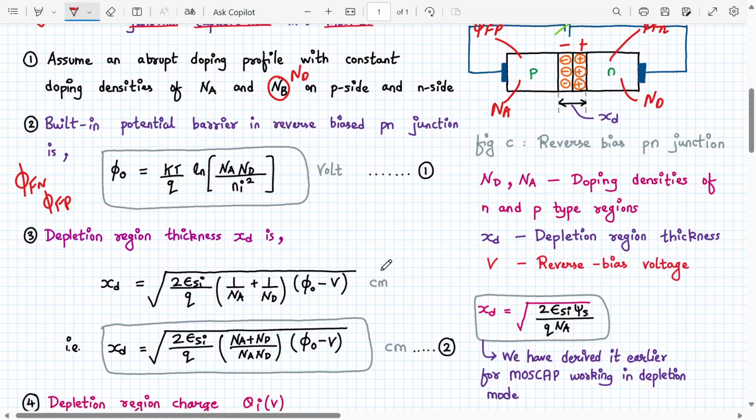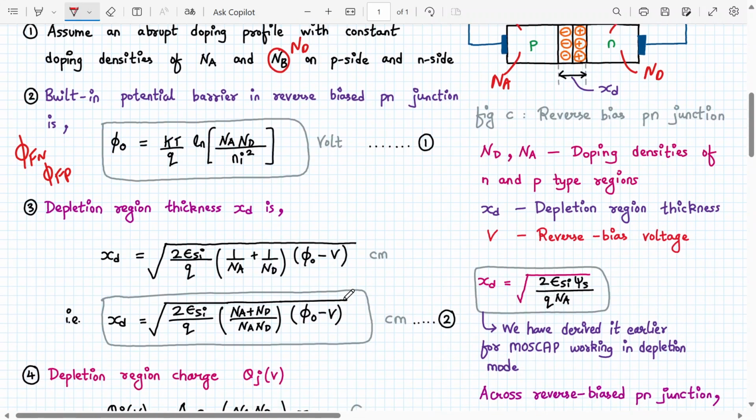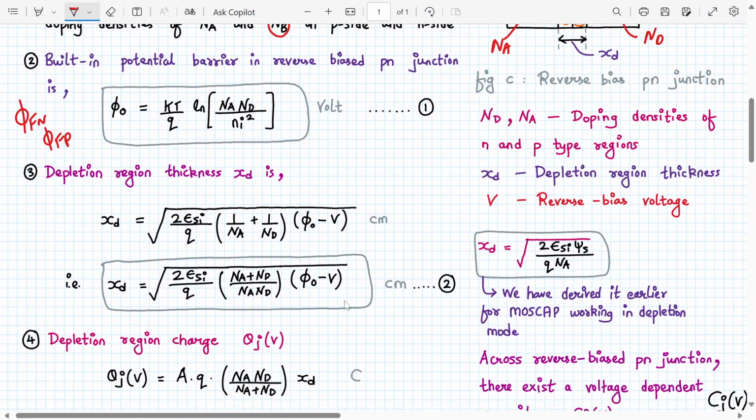Now depletion region thickness is given by this formula. You remember we have derived the depletion region thickness, right? So what was the formula for us? It was square root of twice epsilon for silicon divided by Q, and I think we have written Na and Nd, Na into phi naught. This was the formula, right?